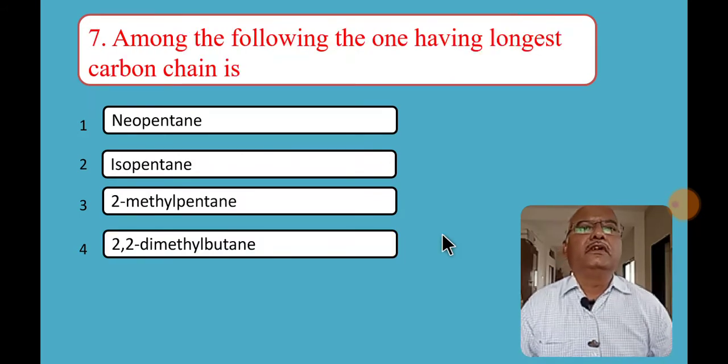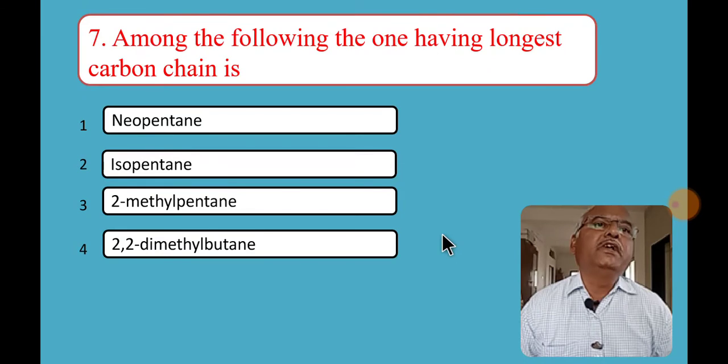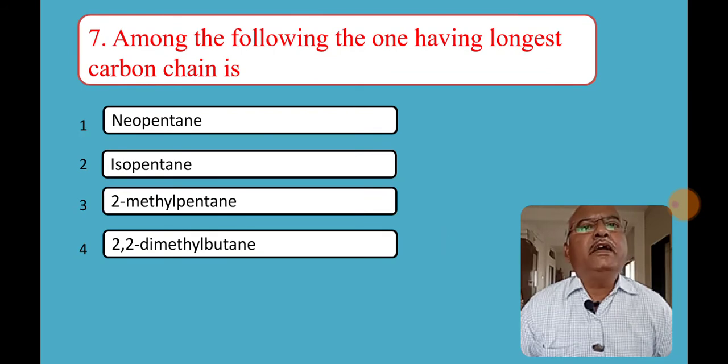Seventh, among the following, the one having the longest carbon chain is neopentane, isopentane, 2-methylpentane, 2,2-dimethylbutane. So option number 1 and option number 2 are definitely wrong because the names are in the common system.